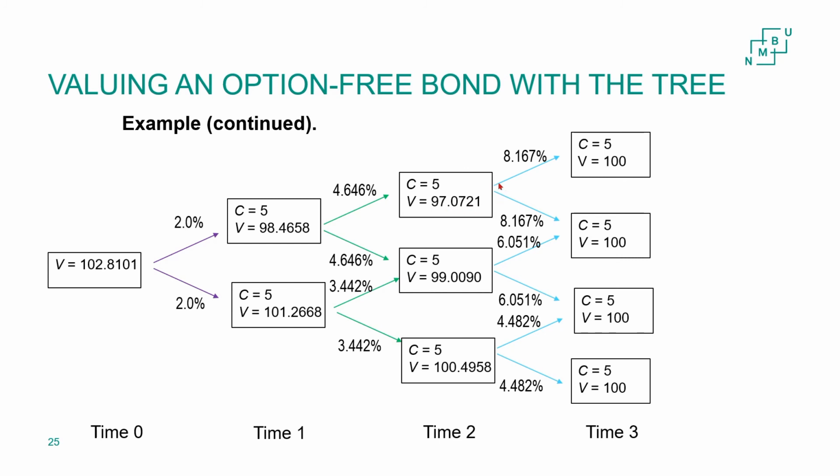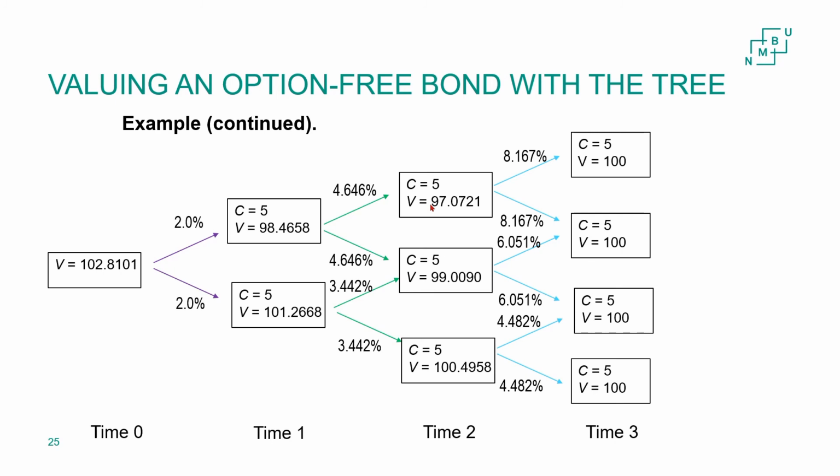So you see the up move and down move here gives the same present value. Okay, so our value here is $97.07, and this is what you would sell the 1-year bond for, because here the bond has 1 year until maturity. This is what you would sell the bond for if you had 2 up moves until time 2.